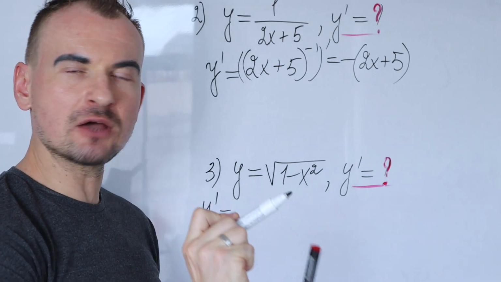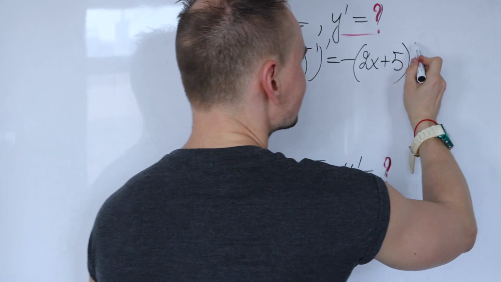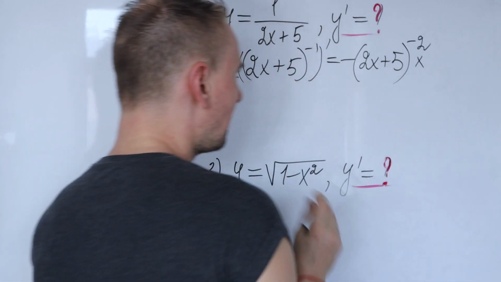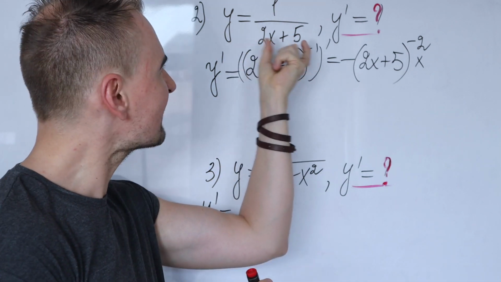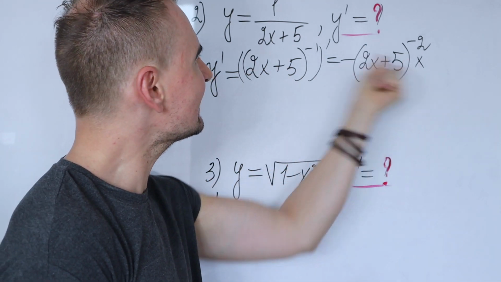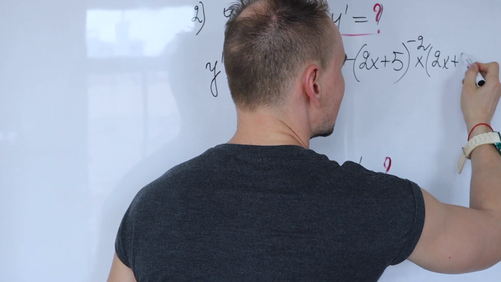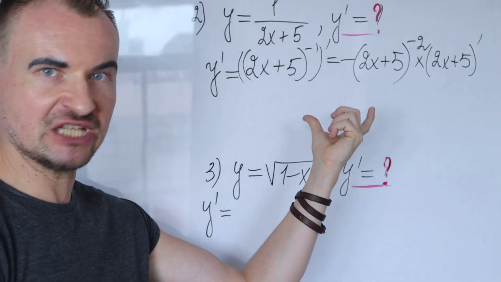So you knock it down by 1: minus 1, minus 1, so it becomes minus 2. But because you have a composite function, you have something linear on your bottom, you have to multiply this by the derivative of 2x plus 5. So at this point, we apply the chain rule.